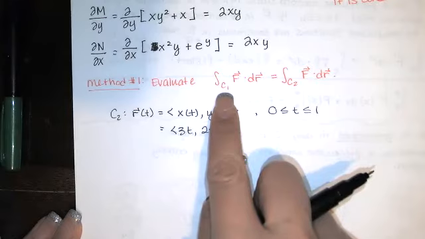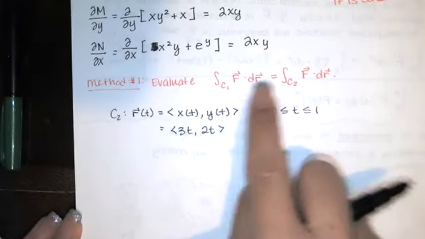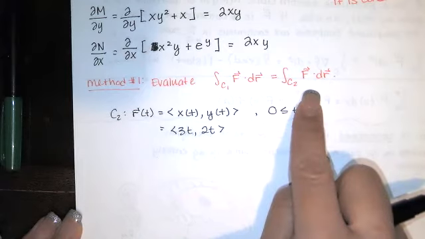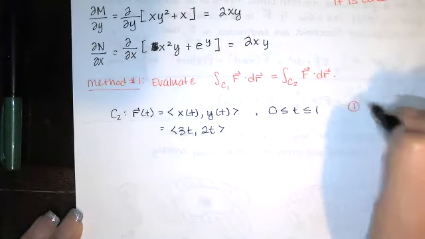Well, in order to evaluate the line integral over C1, we're saying instead of doing that, let's evaluate the line integral over C2. So this is C2. We found a piecewise smooth parameterization of C2.